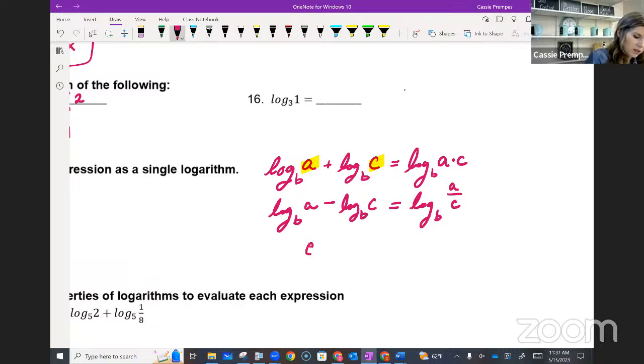If you had c times log base b of a, how do you work with that? You put it as the power. So which one becomes the power? C. Good. So we'd have log base b of a to the c power. Basically this guy just jumps up on top as an exponent. These you need to know.